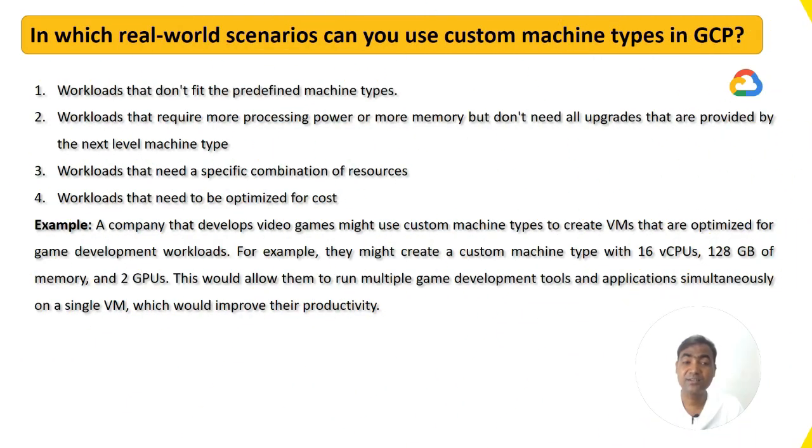Workload in another scenario, guys: the workloads that require more processing power or more memory but do not need all the upgrades provided by the next level of machine types, then you can select a custom machine.